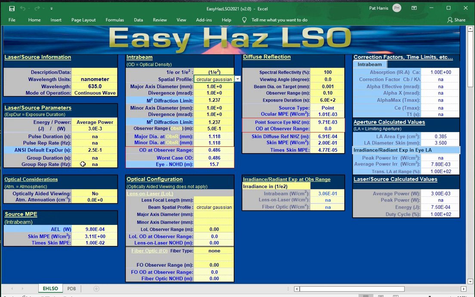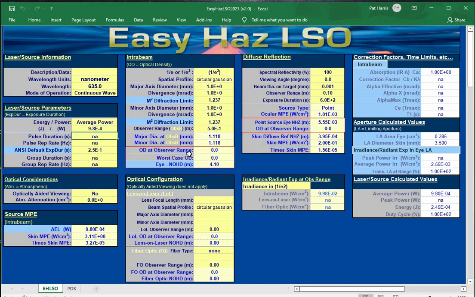Now, I know that we said the limit is 1 milliwatt. Mathematically, it's 0.98, but we round to 1 milliwatt. Okay, so we can test that. Let's put 0.00098 in. That's 0.98 milliwatts. Okay.